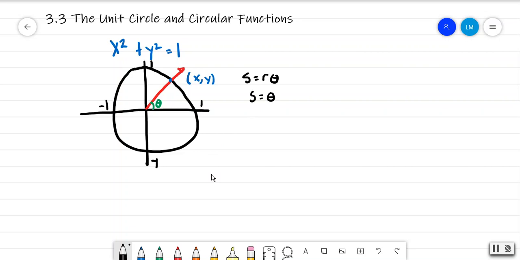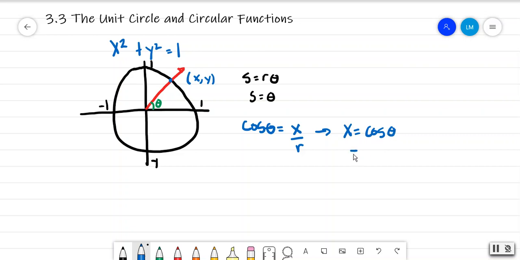So where this leads us is that what we do know by definition is that cosine of theta is equal to x over r. But notice that this tells us that x is equal to cosine of theta.